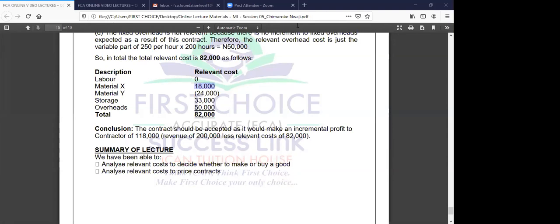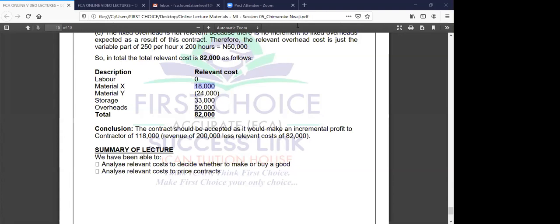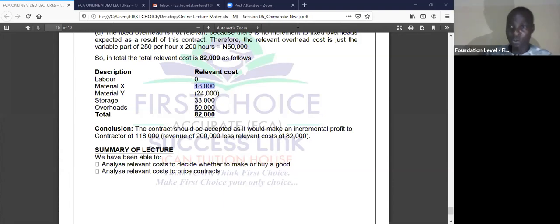Okay, if it is that way, because the price is not static like the one we did in the example, all you may need to do is work out how much it would take if we subcontract everything to the contractor, and how much we are going to spend if we subcontract part of it and do part of it.